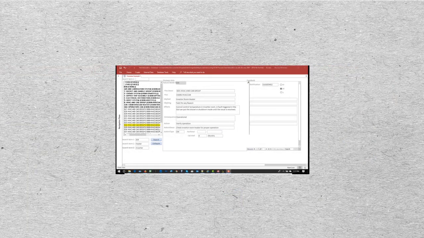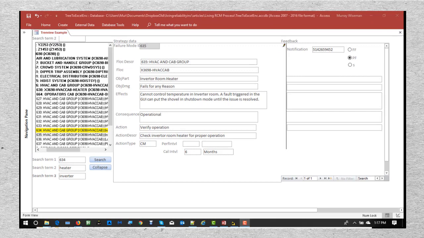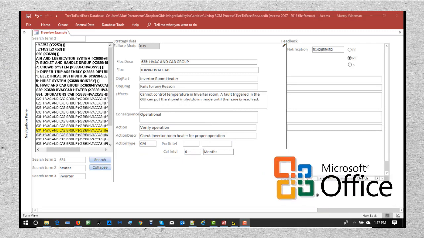A final important point to make is that this reliability-enabling data entry form can be implemented easily using tools and methods already available in your Microsoft Office toolset.